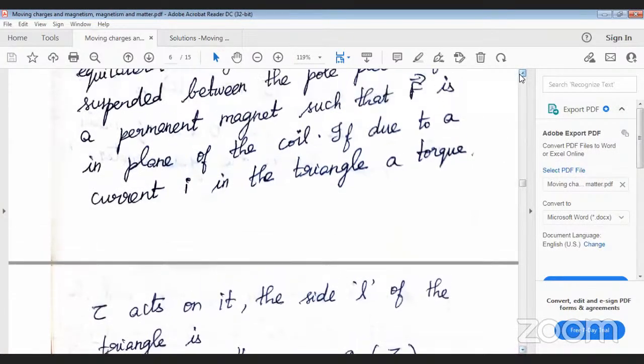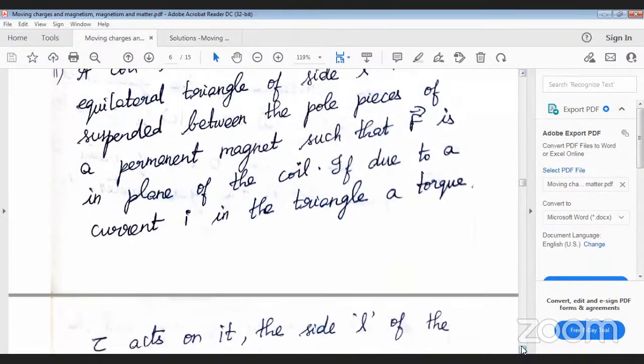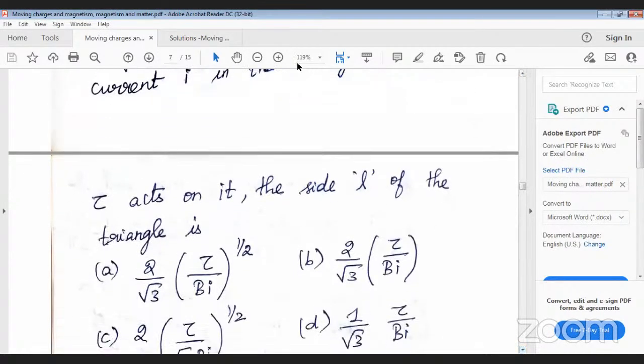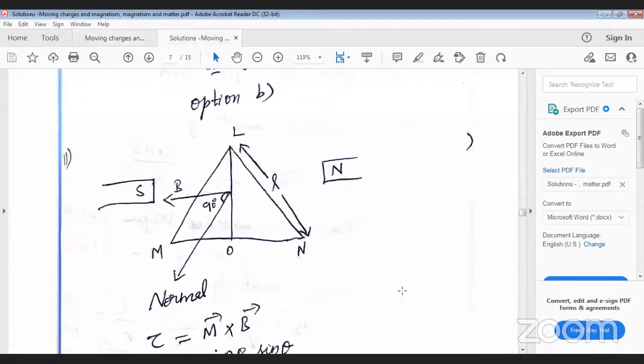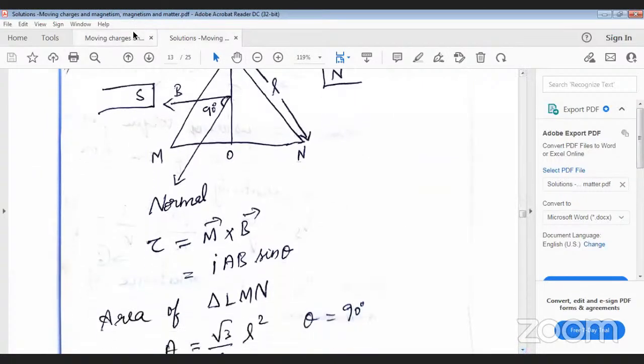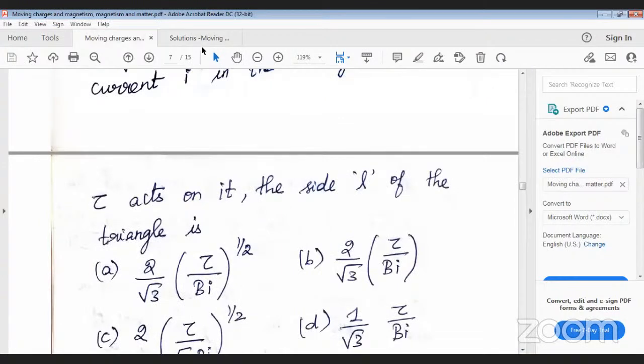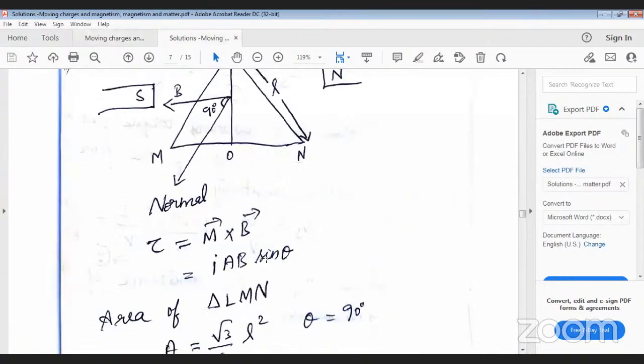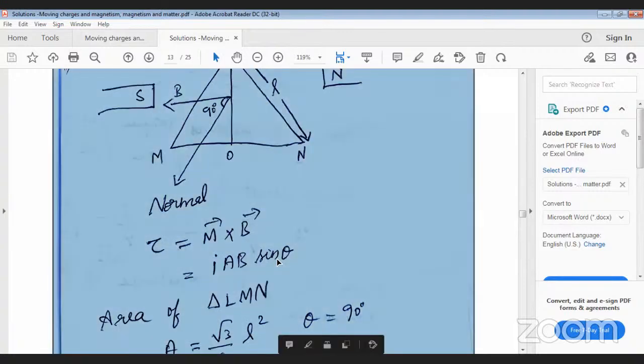So if due to the current I in the triangle a torque tau acts on it, tau equal to M cross B. You know very well M is I into A, and M cross B means it is MB sin theta. Instead of M, it is I into A into B sin theta.